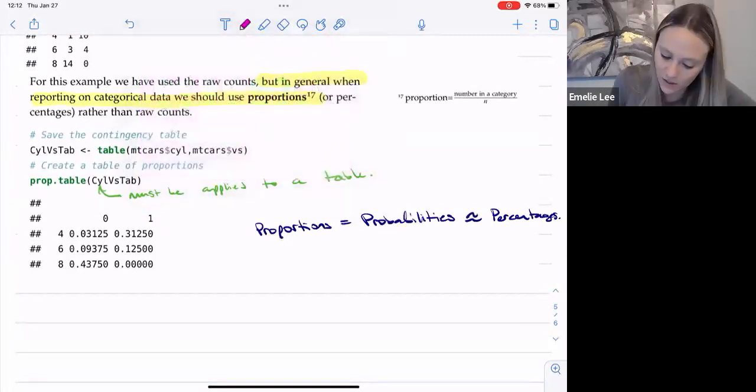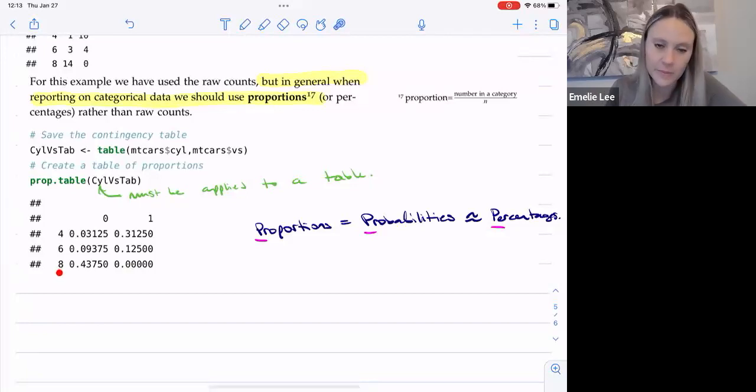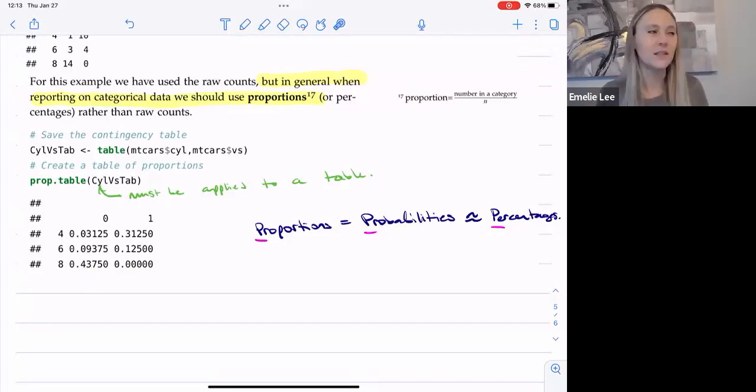So one thing I want you to notice and pay attention to is that all three of those P's mean the same thing. Okay, and so here, what's the probability of having an 8-cylinder car with a straight engine? Looks like 0. What's the probability of having an 8-cylinder car with a V-shaped engine? 43.75%. Right? Probabilities, percentages, proportions, they're all the same.